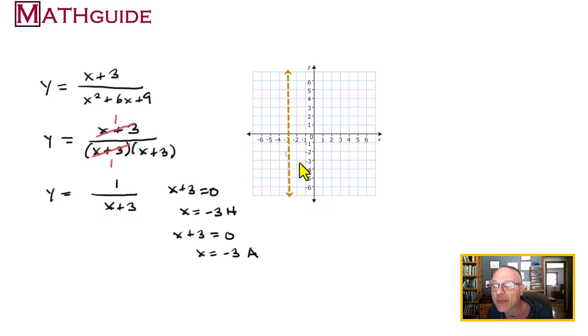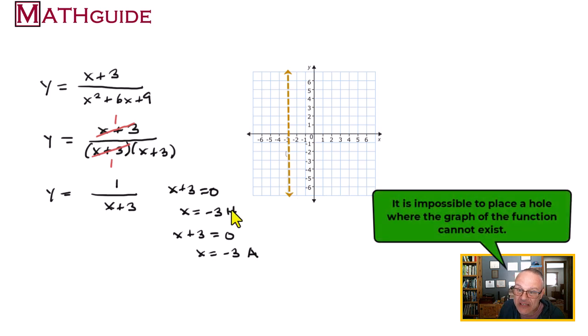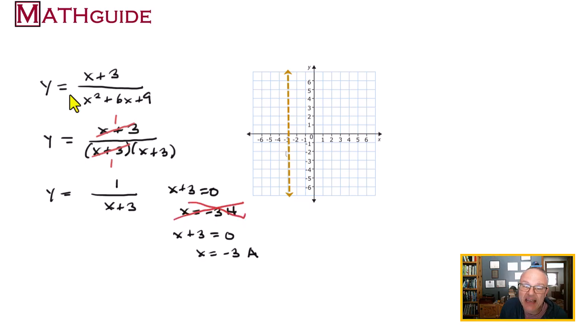Okay, so now that we know that there's a hole there, or I'm sorry, an asymptote there, and you're thinking, well, how do I put a hole there? Because I'm going to try to find the graph, but the graph doesn't exist. And there you go. So that means if you ever see a duplicate where there's a hole and an asymptote together, you know that it cannot be a hole. It's only an asymptote.